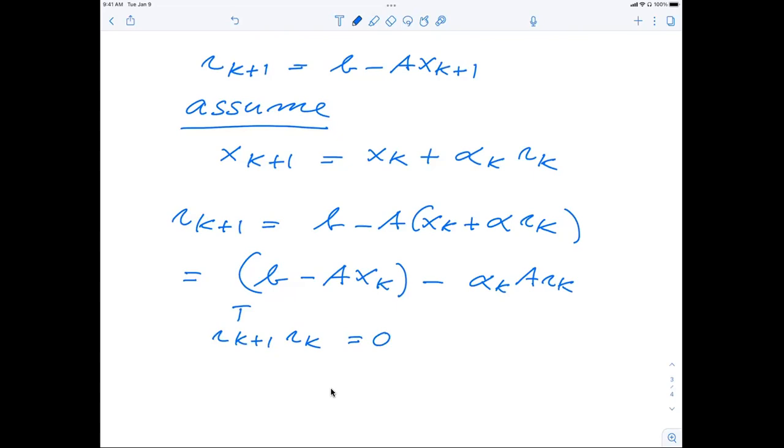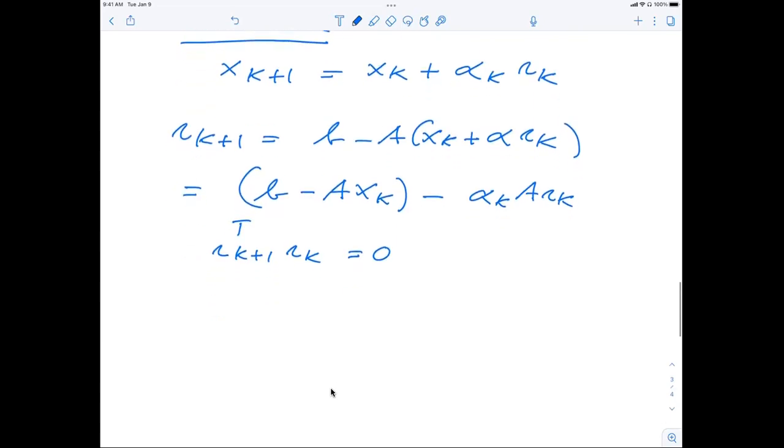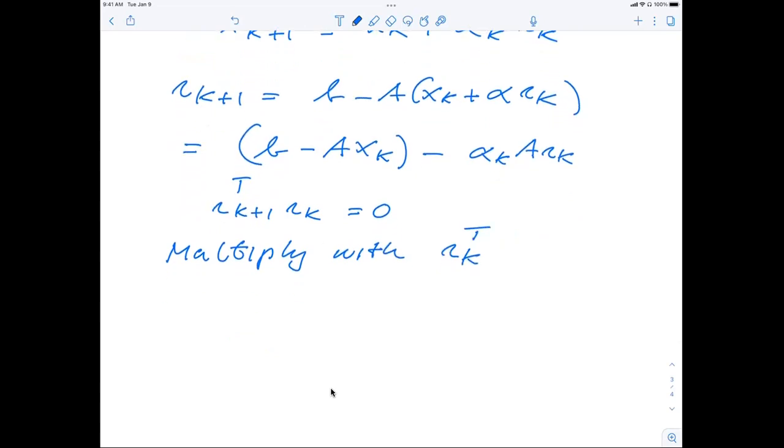This means that if I now multiply from both sides with r of k transposed, what we are going to get is 0, and that's going to be equal to r of k transposed, and then we have the multiplication with the value of alpha.